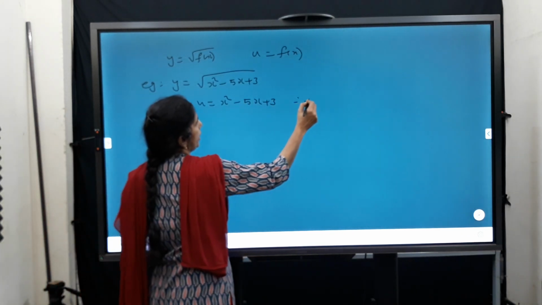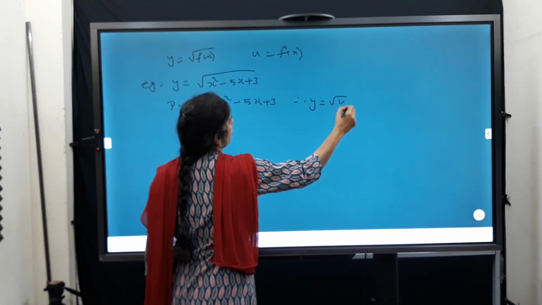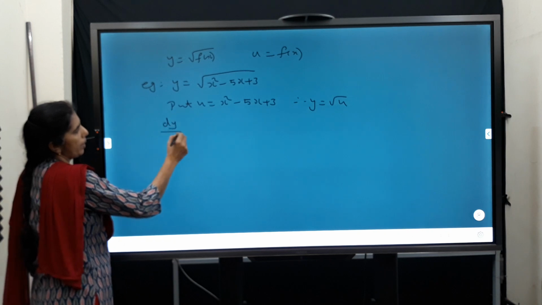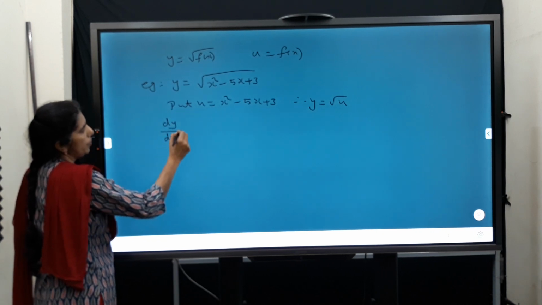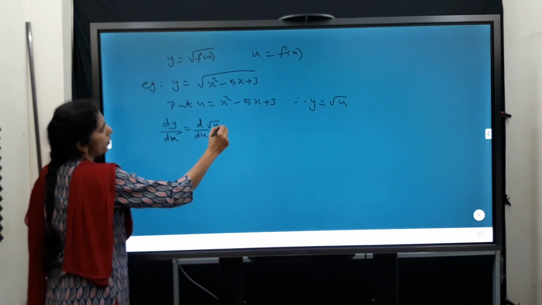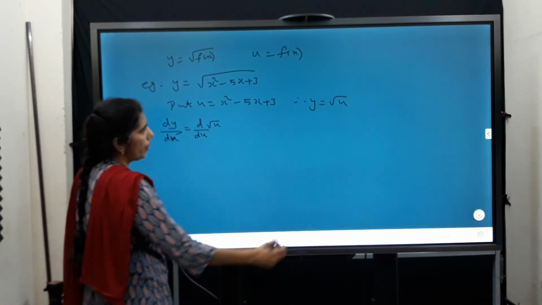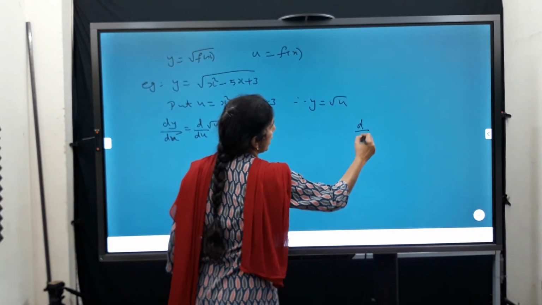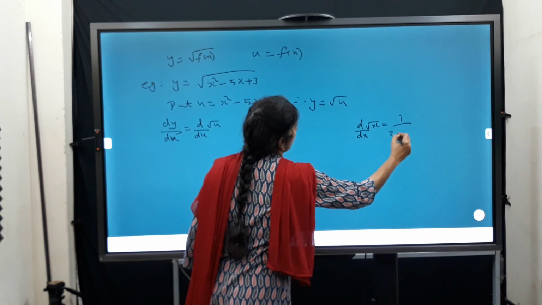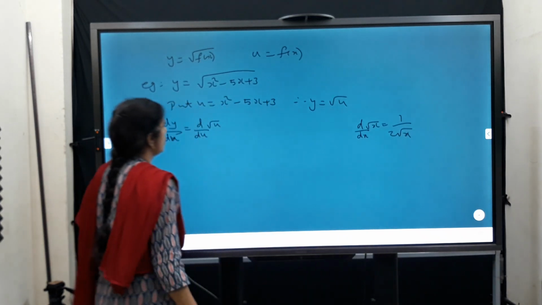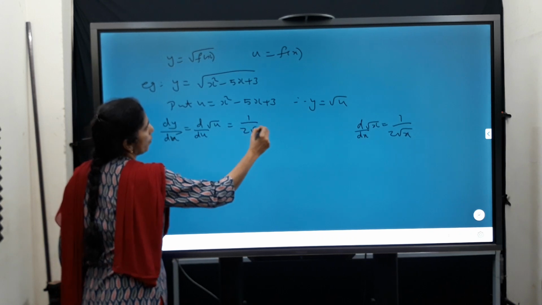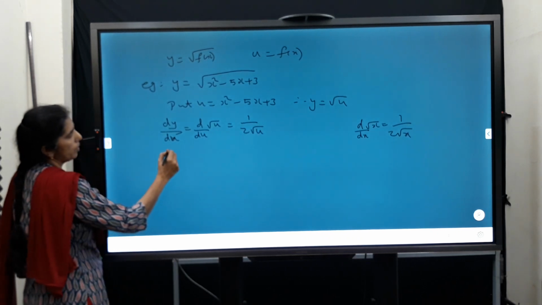So y equals root u. First find dy by du, that is equal to d by du of root u. Now we know that d by dx of root x equals 1 upon 2 root x. So d by du of root u equals 1 upon 2 root u.